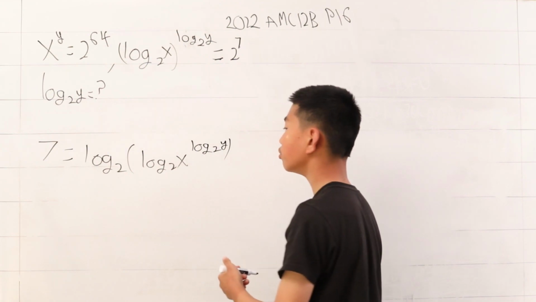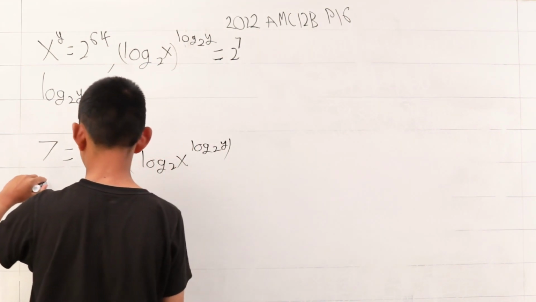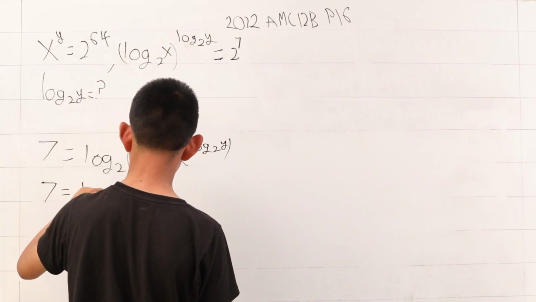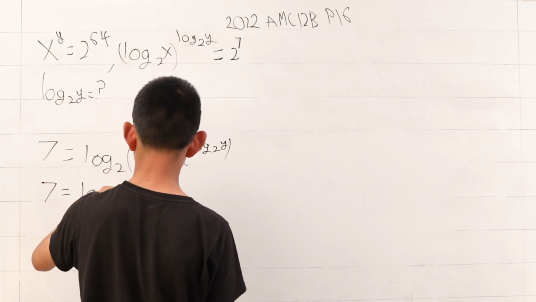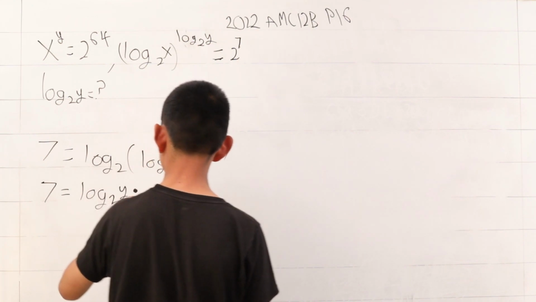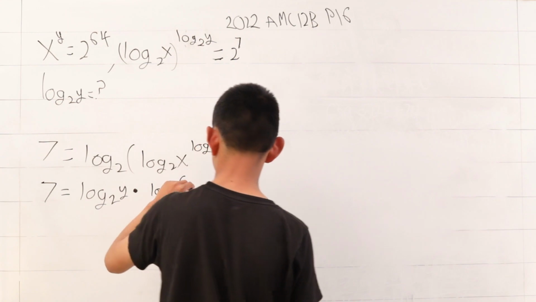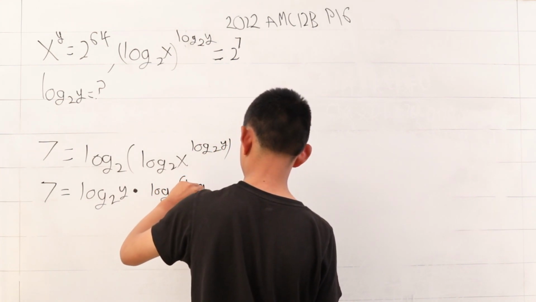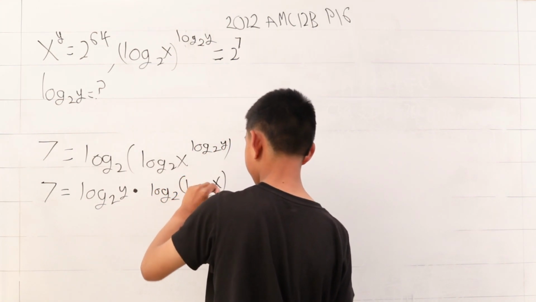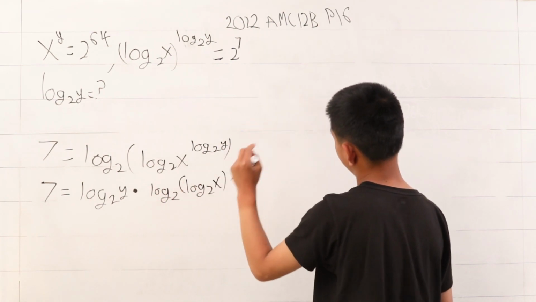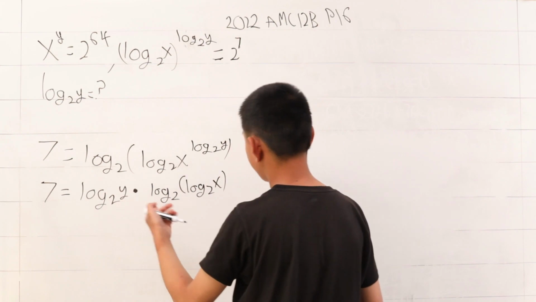So according to logarithm formulas, we can rewrite this as 7 equals log base 2 of y times log base 2 of log base 2 of x. So we have our first constraint simplified into a log equation.